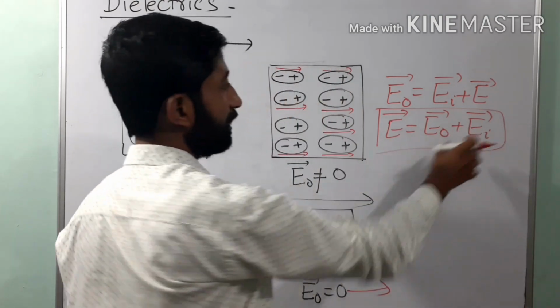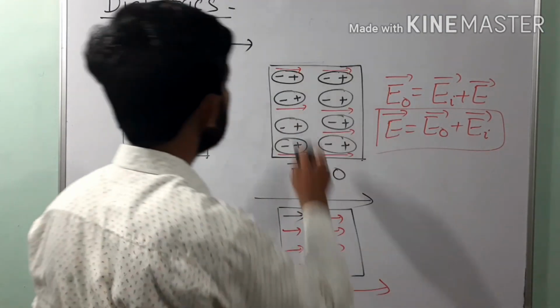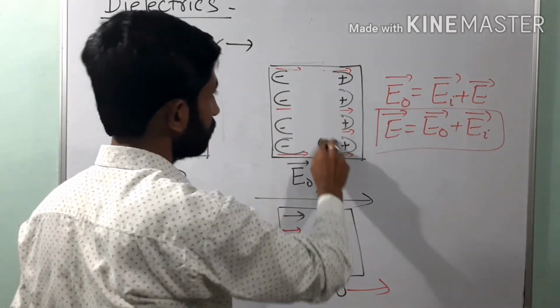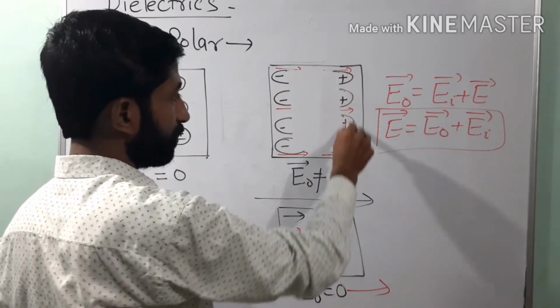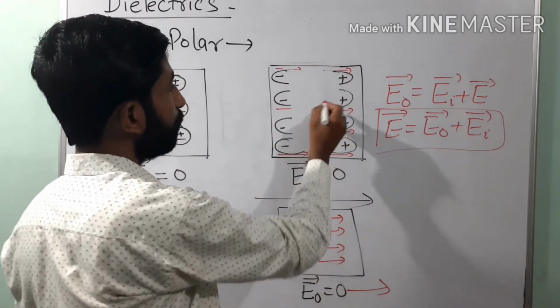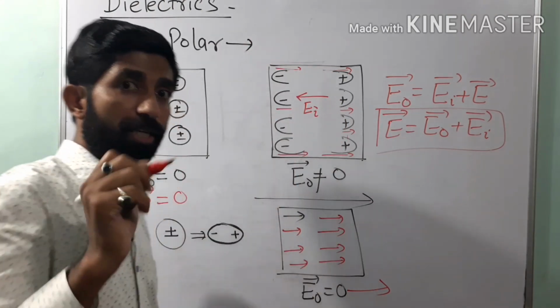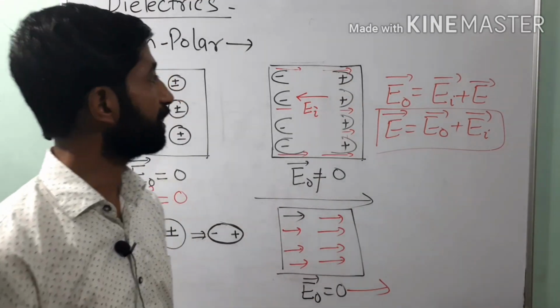And how this E induced is produced, you must be getting again: if I remove all these charges, what I get is a layer of negative charges and a layer of positive charges, and they will produce their own electric field. This is the induced electric field, and this happened because of the presence of the external electric field.